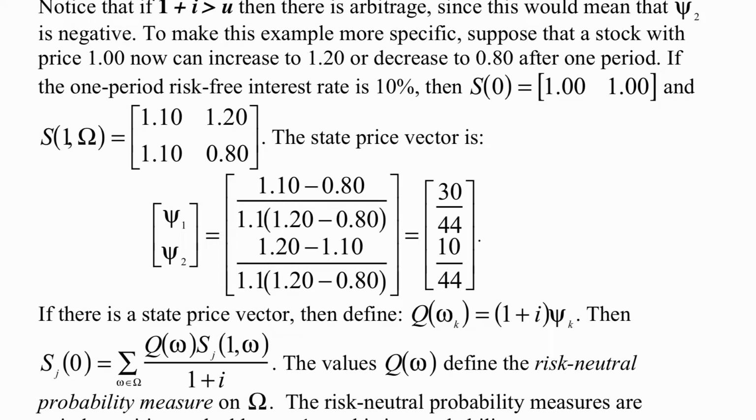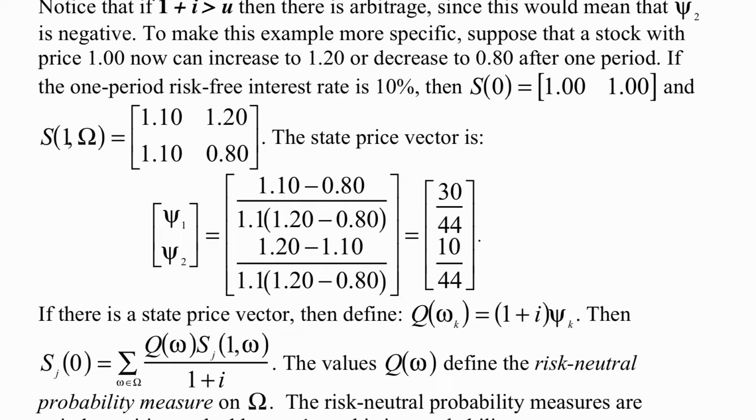And then, based on the formulas we just derived, psi 1 and psi 2, the state price vector, is (1.10 minus 0.80) over 1.1 times (1.20 minus 0.80), and (1.20 minus 1.10) over 1.1 times (1.20 minus 0.80). So it's 30 over 44 and 10 over 44.